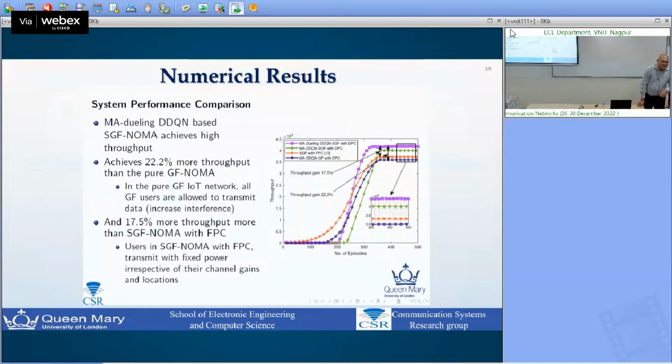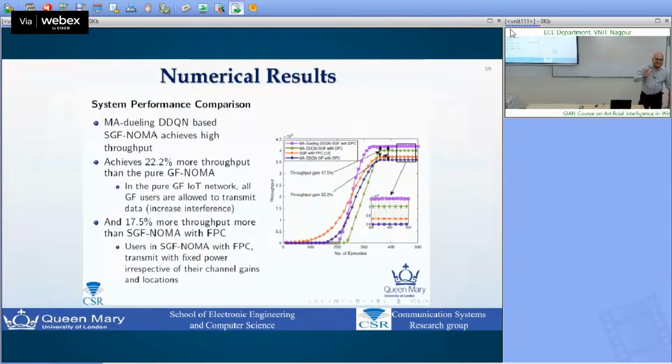We apply one methodology and calculate the throughput, then work with the other methodology. Here the grant-free users every time slot take different power levels according to the channel conditions. But if you take fixed power, whether the channel is changing or not, the power is fixed, not dynamically changing.